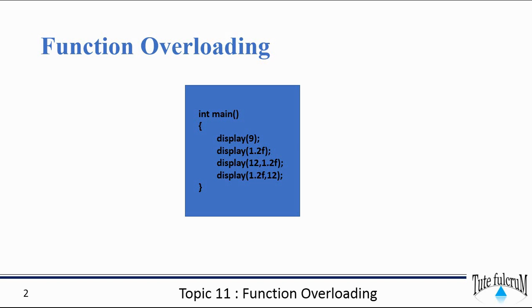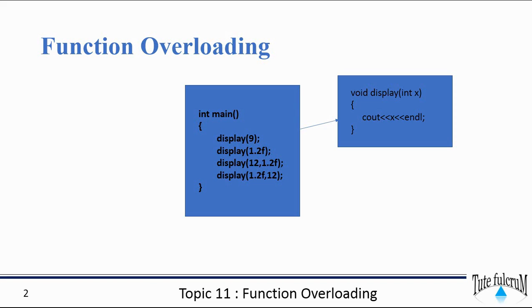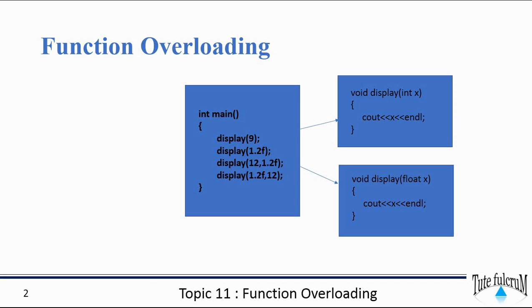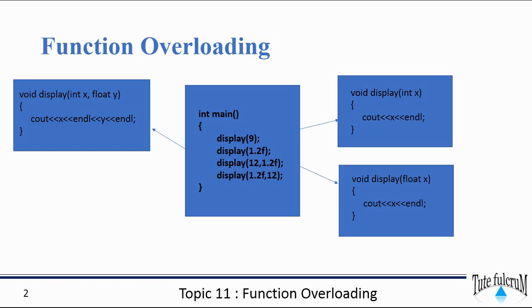We have the display function in 4 forms. The first one was with a single argument, which is of type integer. The second display function again has one argument, but the type is different here. It's of the float type. And the third one has 2 arguments. The first one is an integer and the second is a float.